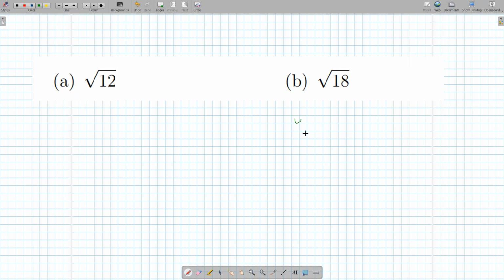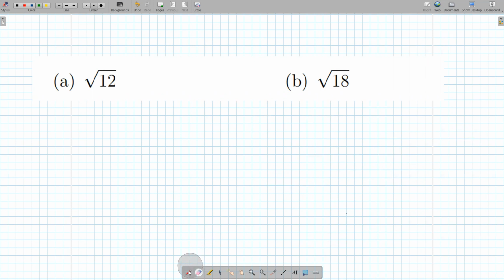You know, perfect squares like 4, 9, 16, 25. These guys are called perfect squares, yeah? 64, 81, yada, yada. And then you have some perfect cubes as well, like 8 is 2 cubed, 27 is 3 cubed, 64 is 4 cubed, 125, 5 cubed, yada, yada.